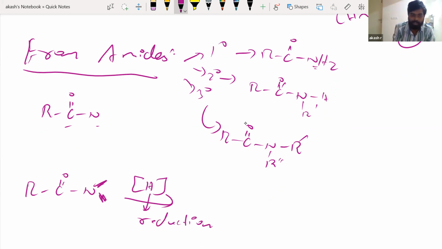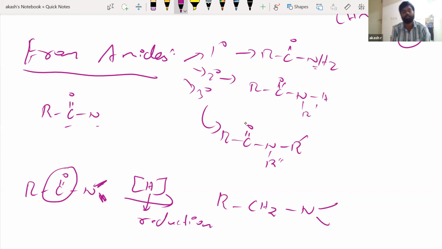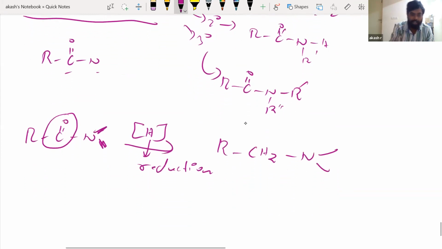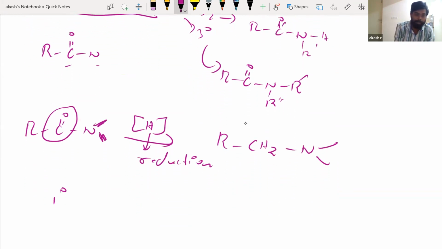This C double bond O is the one which will undergo reduction. You will easily see that this will become RCH2, and that particular N will just be there along with its two bonds. So what you understand is, if you have a primary amide, you get a primary amine.